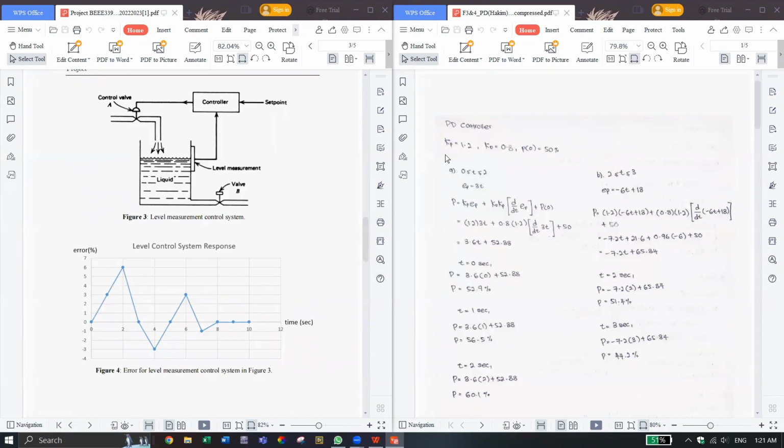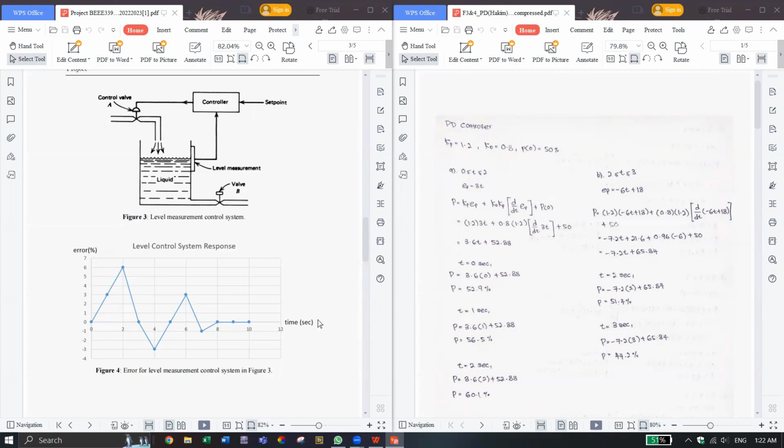Okay, this is the calculation that I calculated. For this PD controller, we use this formula, P equal to KP EP plus KP KD, and this is the formula given.